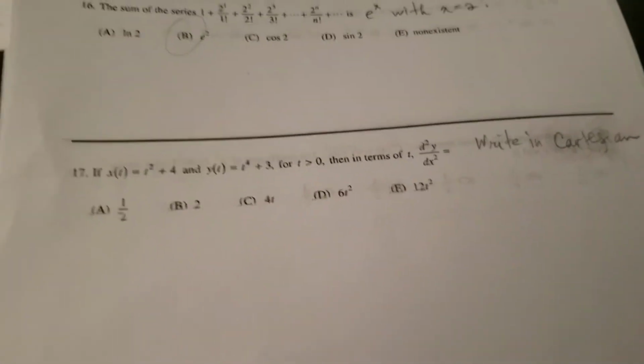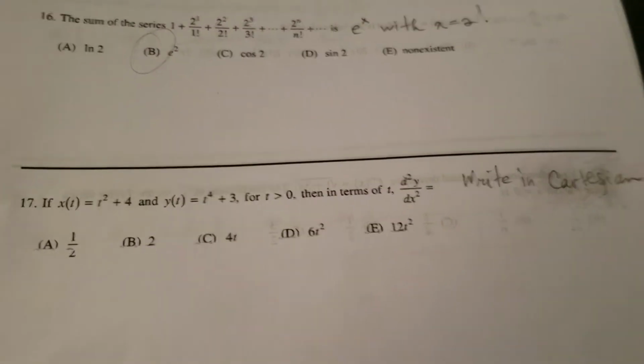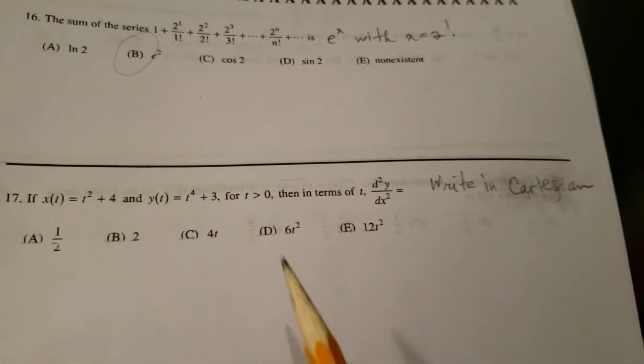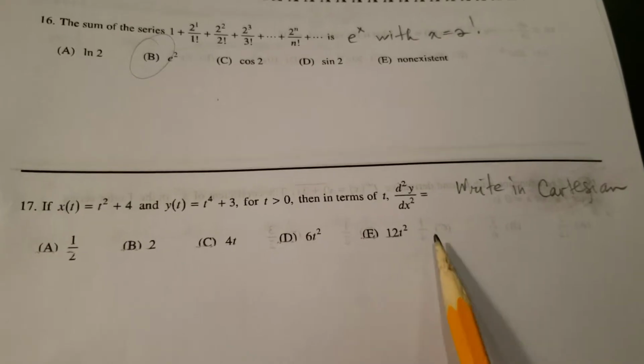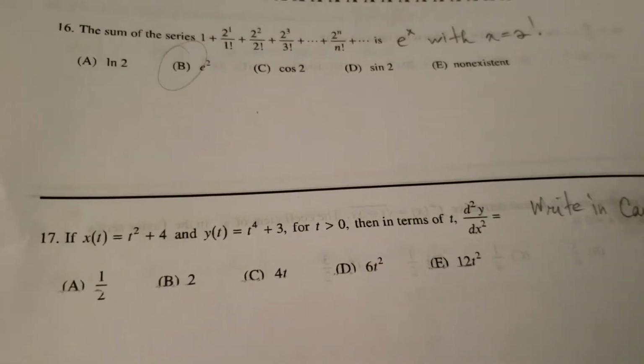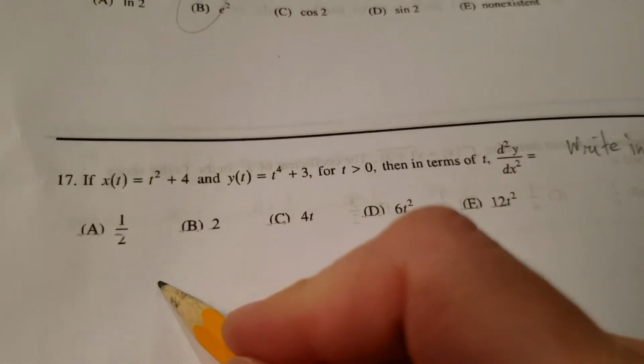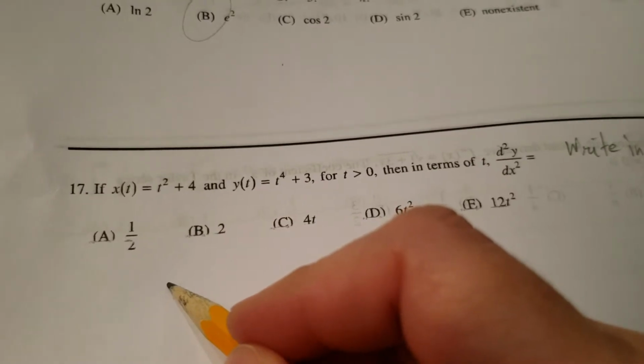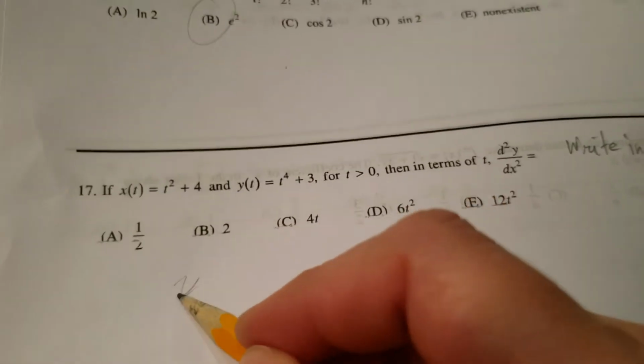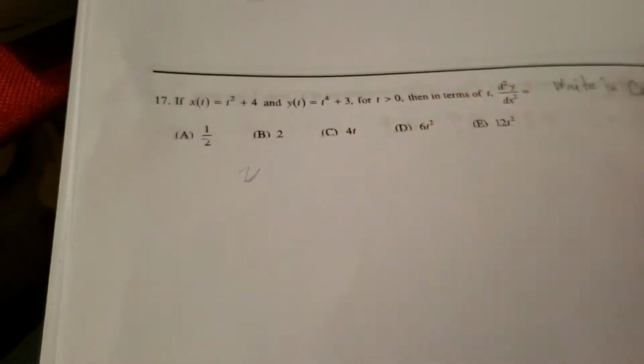If you write this in Cartesian, finding the second derivative would be a lot easier. So here's what I mean. We know that I could solve for t squared from here.